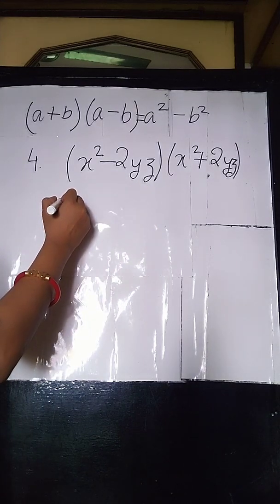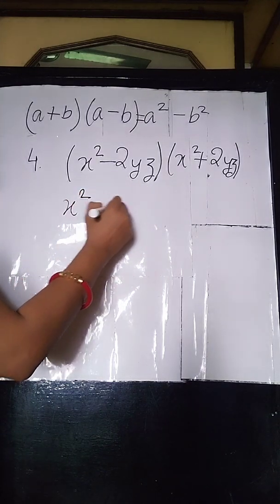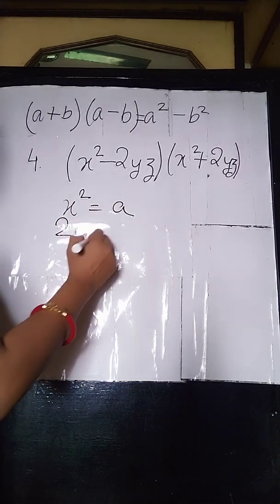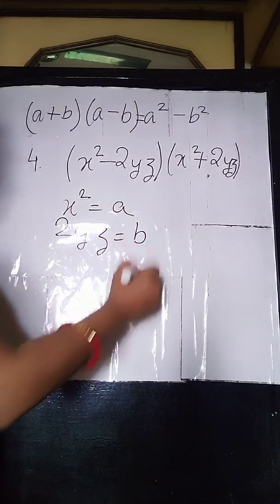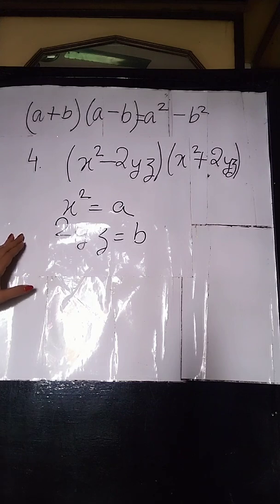So we will consider x² as a and 2yz as b and solve the sum. We may or may not write this while doing the sum, but we have to assume x² as the first term and 2yz as the second term.